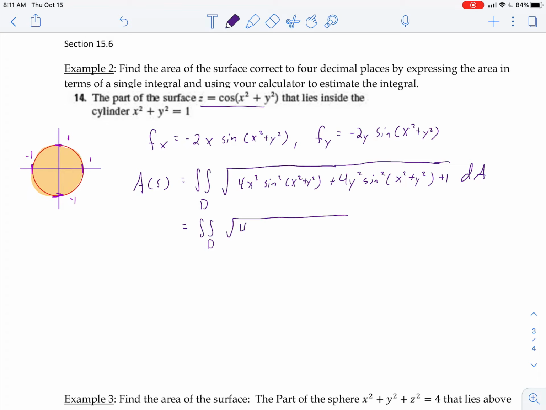I can clean that up to be the square root of, and I can pull out a 4 and x squared plus y squared, so 4 times x squared plus y squared, times sine squared of x squared plus y squared, and then we still have that plus 1 over on the right.